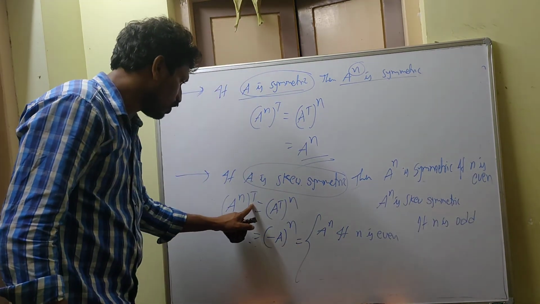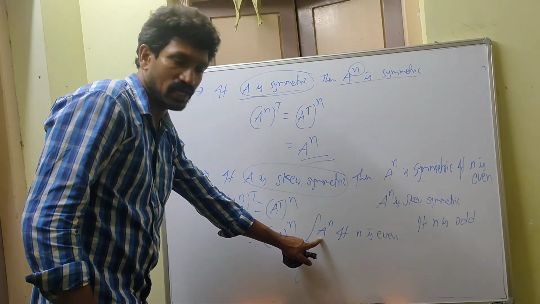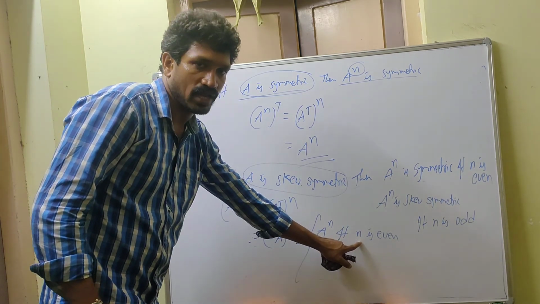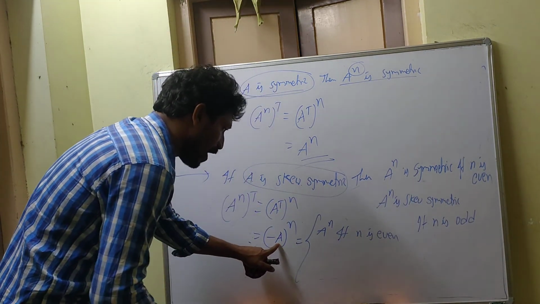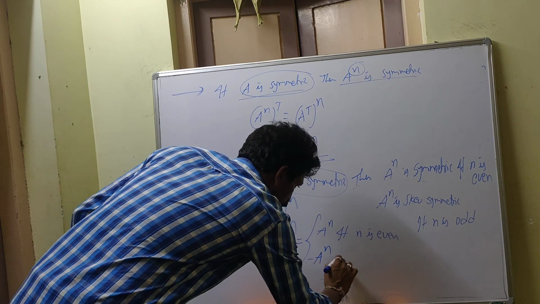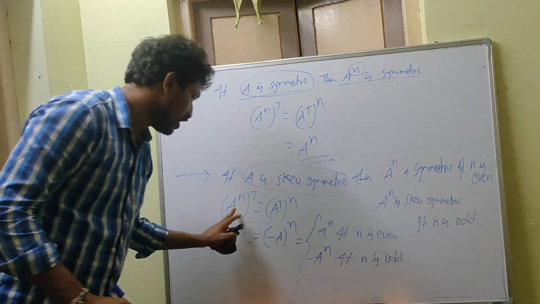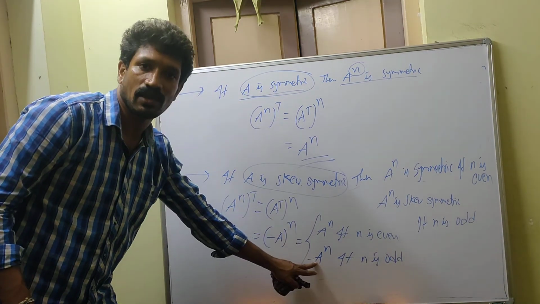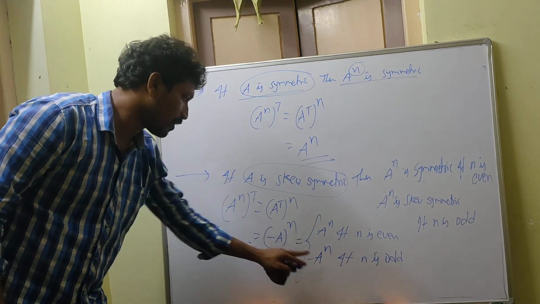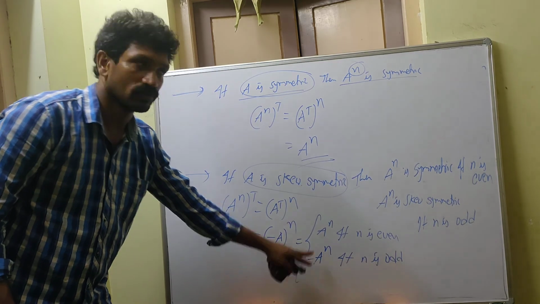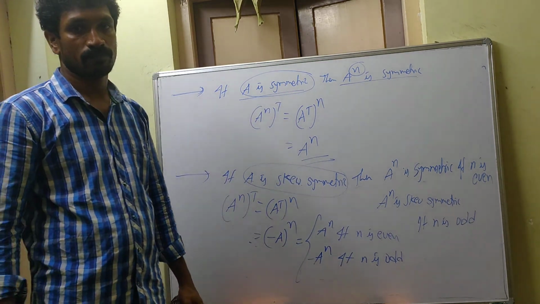So A power n whole transpose is equal to A power n, which means it is symmetric when n is even. When n is odd, A power n whole transpose is equal to minus A power n, which means it is skew symmetric. So this is a very, very important property.